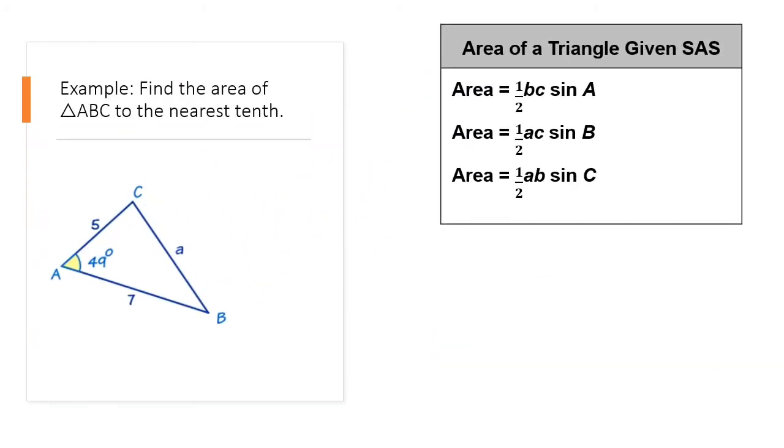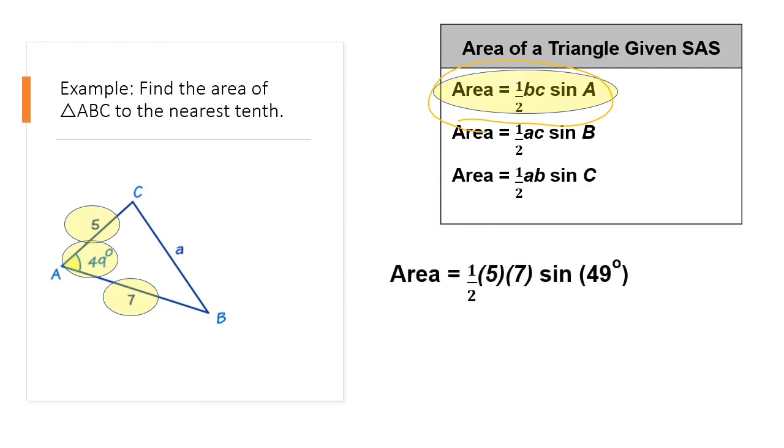In this case, we have B and C and angle A, so we're going to use that first formula. So we have half 5 times 7 sine 49. That's half of B, which is 5, times C, which is 7, and then sine of the angle 49.